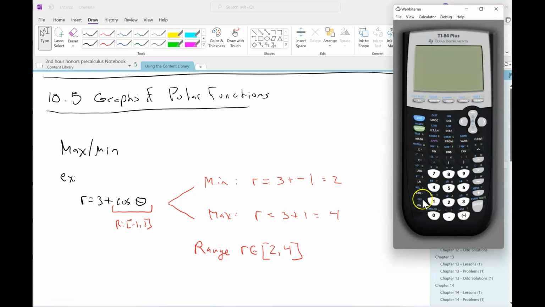Let's just take a look at the picture and see if our picture supports that. What do you guys say? Yeah, why not, right? Sure looks like it. Right? We go from 2 to 4 on the r-axis.